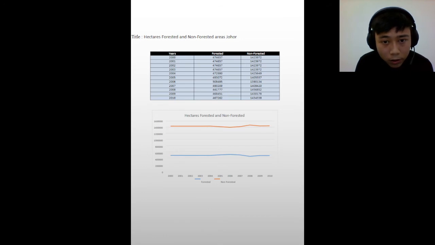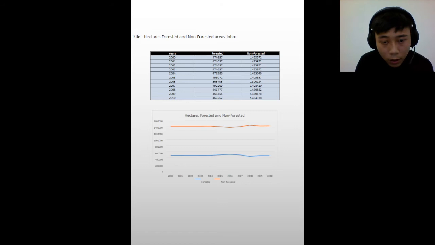And 2008 is 441,000. Non-forested is 1.45 million. In year 2009, forested is 468,000, and non-forested is 1.43 million.